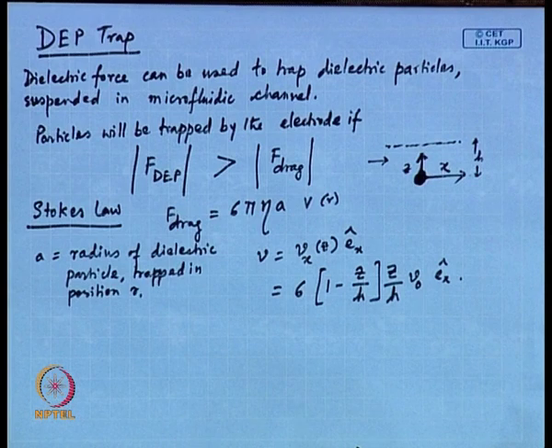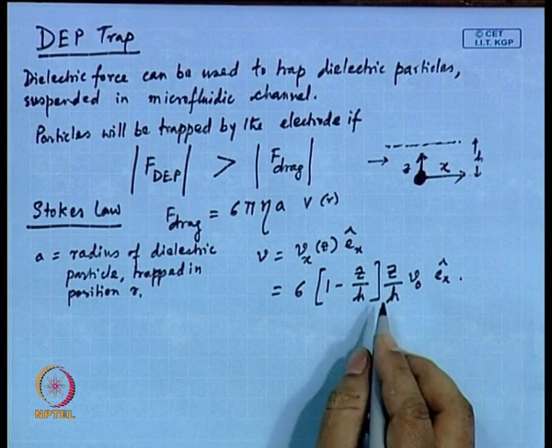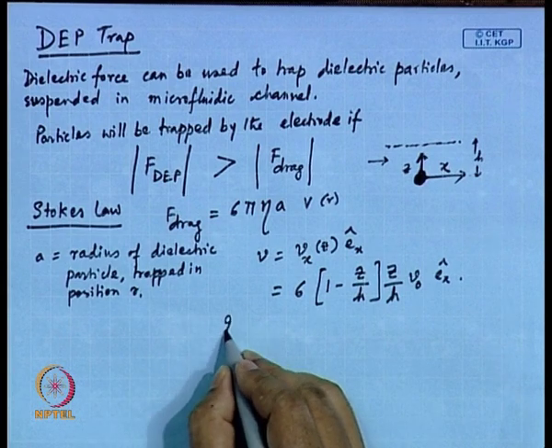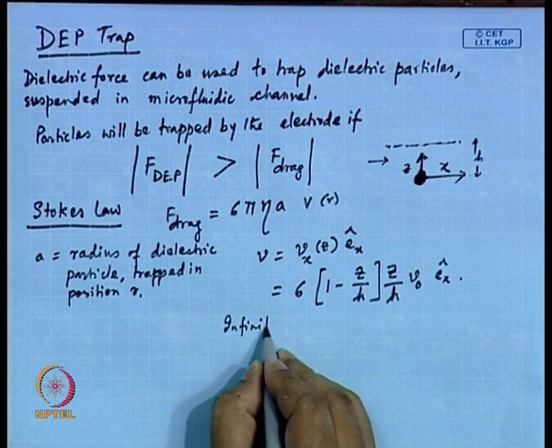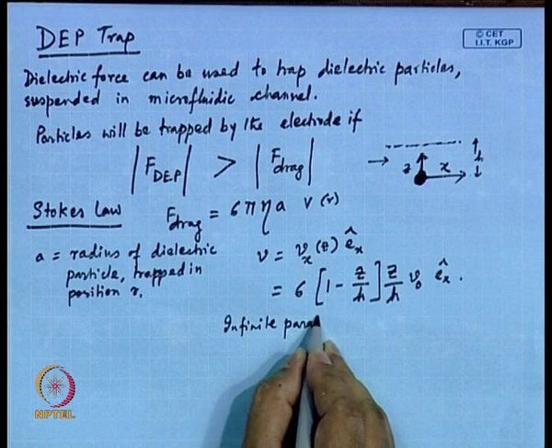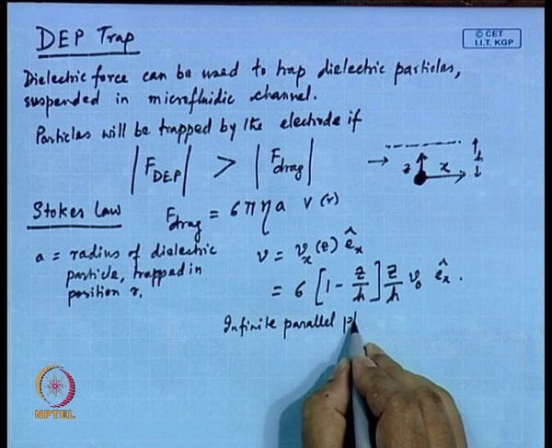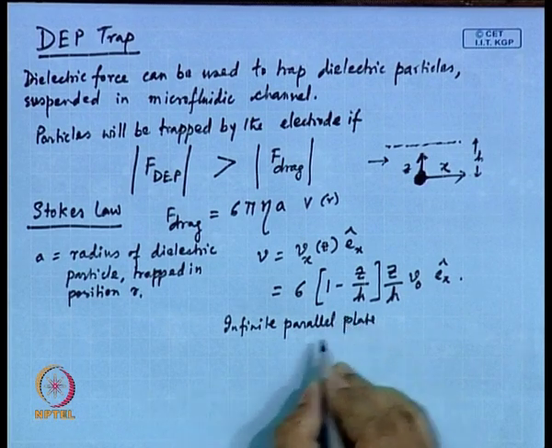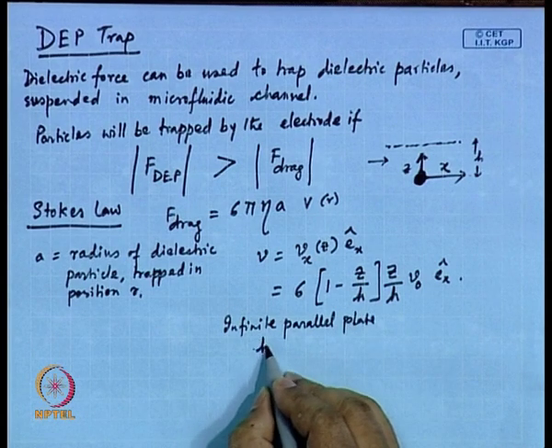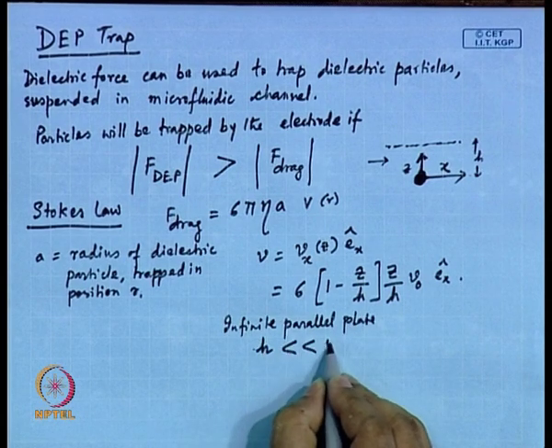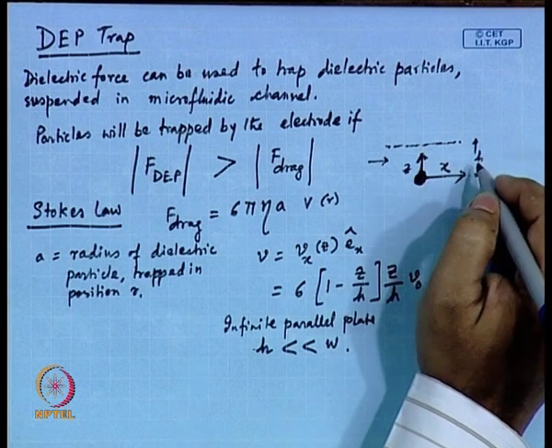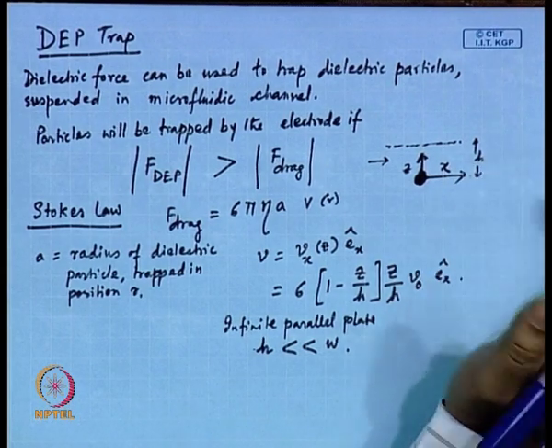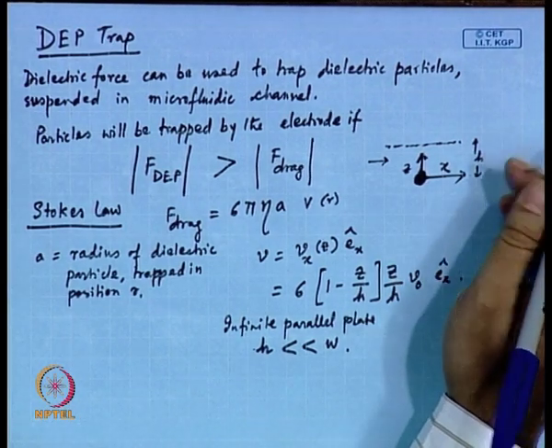Now, here one catch is there. You are assuming this to be an infinite parallel plate. That means H is much less than W. Infinite, this term itself is relative.